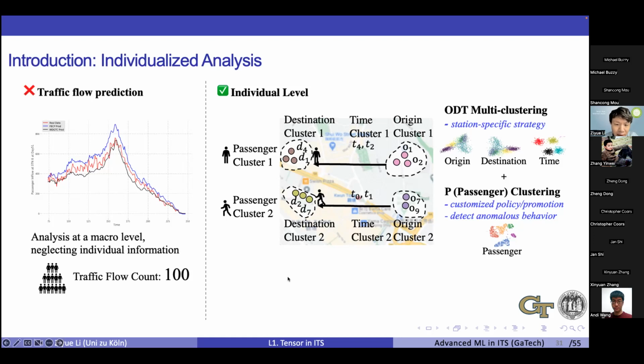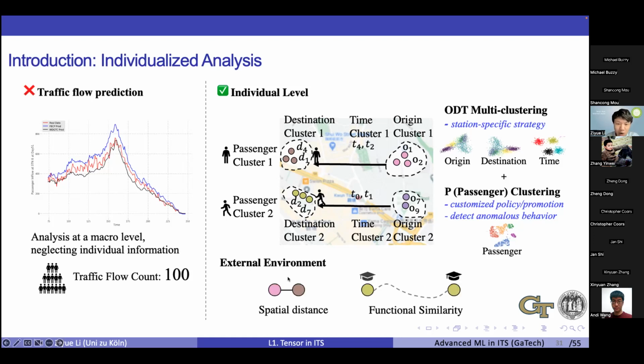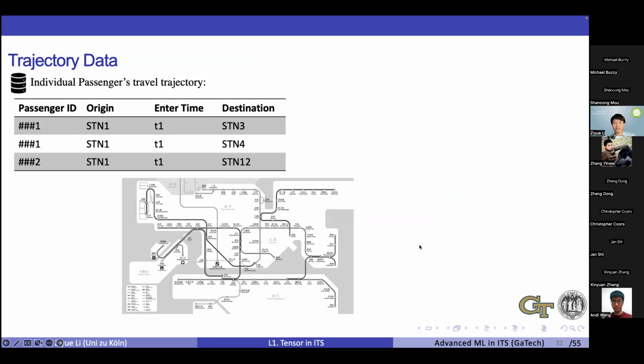Also, the two graphs are important in our previous result, so maybe they are also important in this result. Now the data we are looking at is not exactly trajectory data, but more like ODT data.